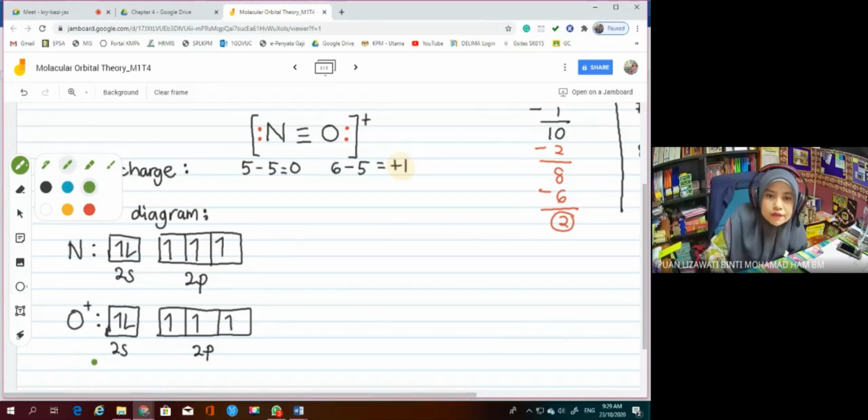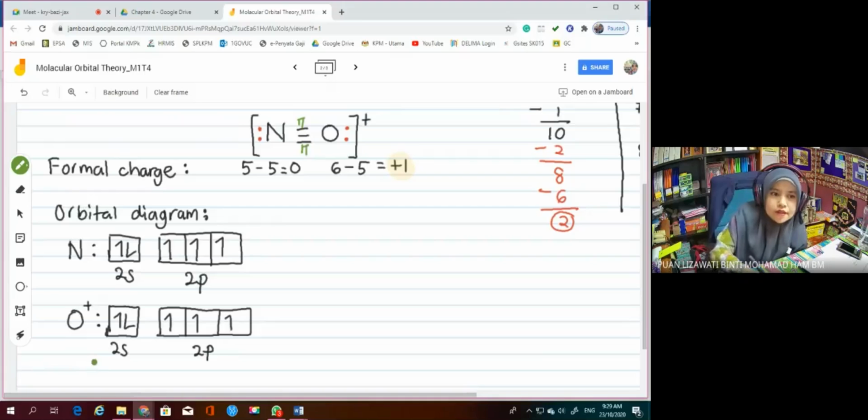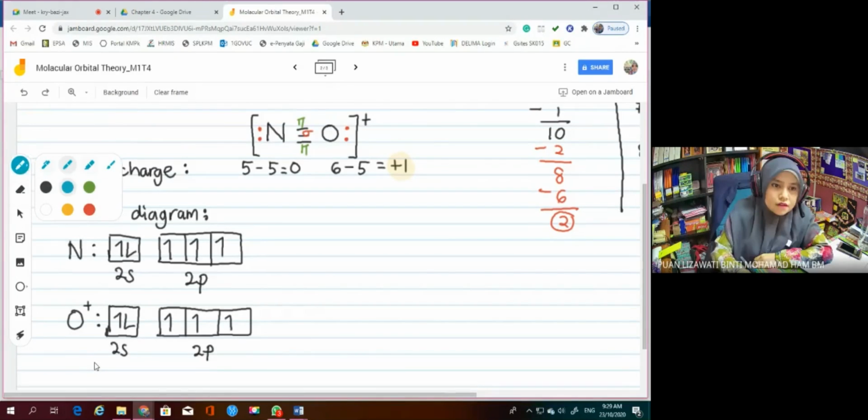Okay, right. Refer back to the Lewis structure. So we have triple bond consists of 2 pi bond and 1 sigma bond. So kita nak tengok macam mana dia dapat overlap tu. So first overlapping to form sigma bond. Okay, so this one let's say to form sigma. Ini px.